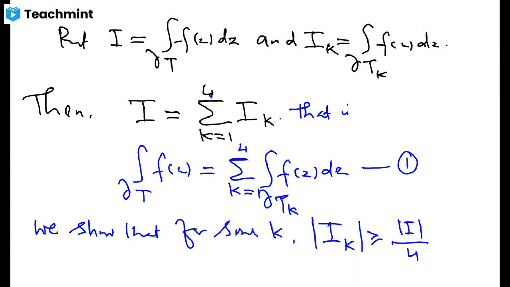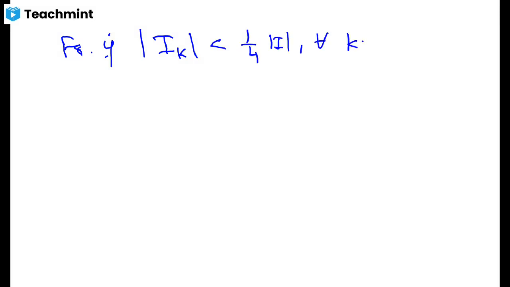So suppose this doesn't happen. For any k, you don't have this inequality. If you don't have this inequality for any value of k, then Ik is not greater than or equal to 1 by 4 of modulus of I, so you must have modulus of Ik less than 1 by 4 of mod of I for every k equals 1, 2, 3, 4.